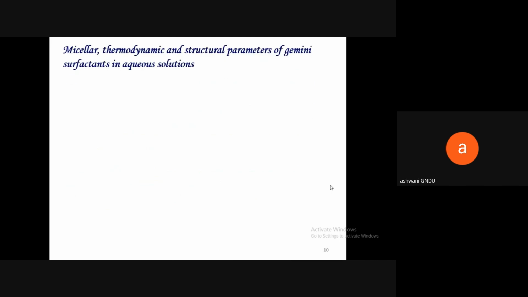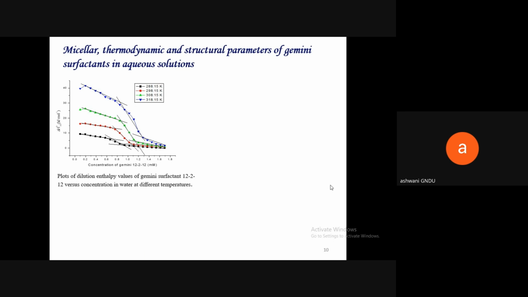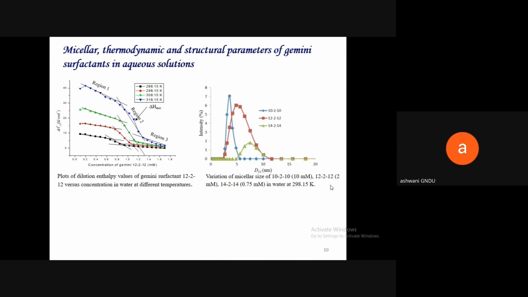Then we have studied the micellar parameters of the Gemini surfactant, meaning 2-chain surfactant, using the calorimetric method. This is how we have obtained region 1 graph, region 2, and then region 3. From these 3 region graphs at different temperatures, we have obtained delta H of micellization, the enthalpy of micellization, and how much heat is being generated. And this is how the hydrophobic diameter changes, with the DLS studies showing the size of different types of surfactants.